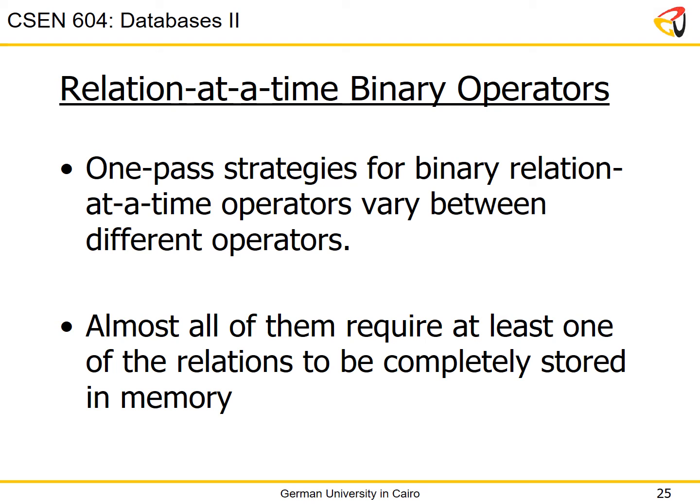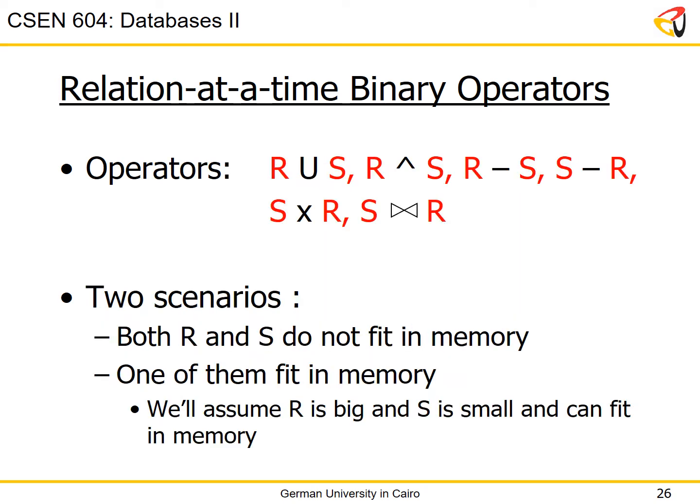If we don't fit it in memory, we will not be able to run it in one pass. We will run it in multi-pass, as I mentioned before. So all these guys, not just the join that appears here as the last one, are actually binary operators. They require two tables: union, intersection, R minus S, S minus R, and the Cartesian product. All of them require two tables.